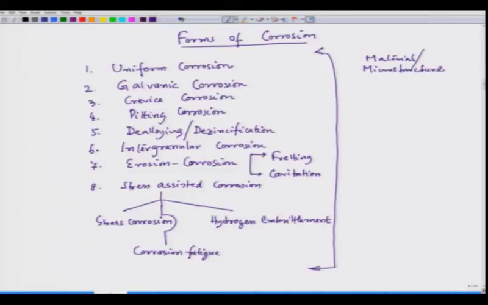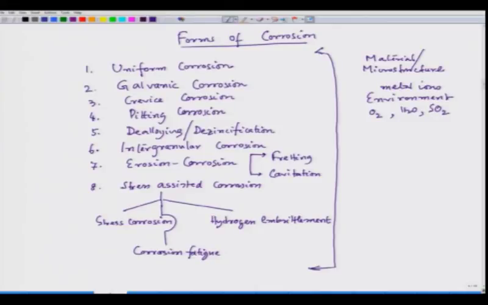Then we have environment. This environment is a very big thing, and in a nutshell, when we talk about aqueous corrosion, the influence could be from oxygen, from moisture content, from SO2 content, or there could be the presence of some metal ions.